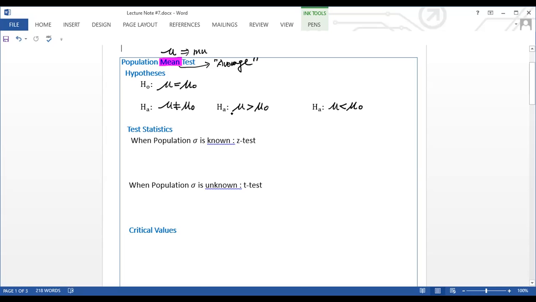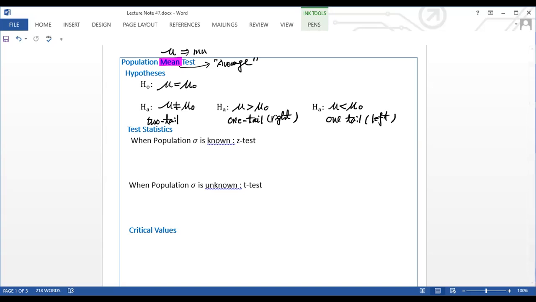The not-equal case is a two-tail test. Greater than is one tail, the right tail. Less than is also one tail, but we call it the left tail. So, just like with a proportion, we have not equal, greater than, or less than.